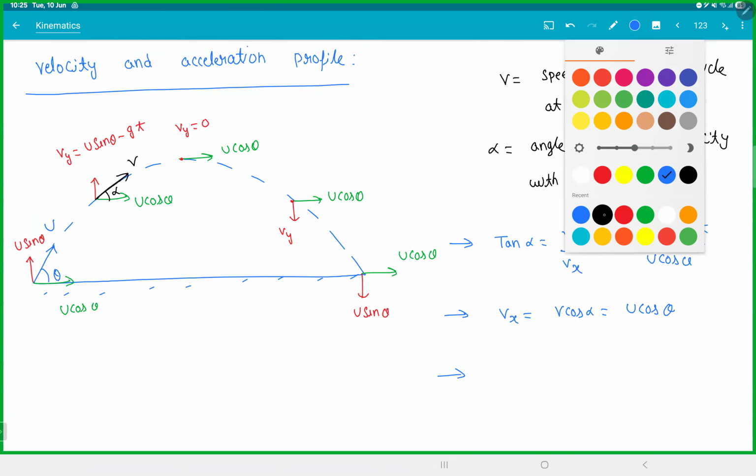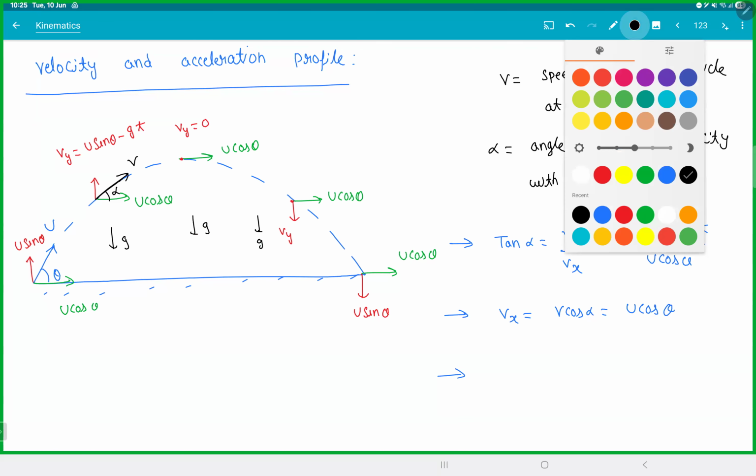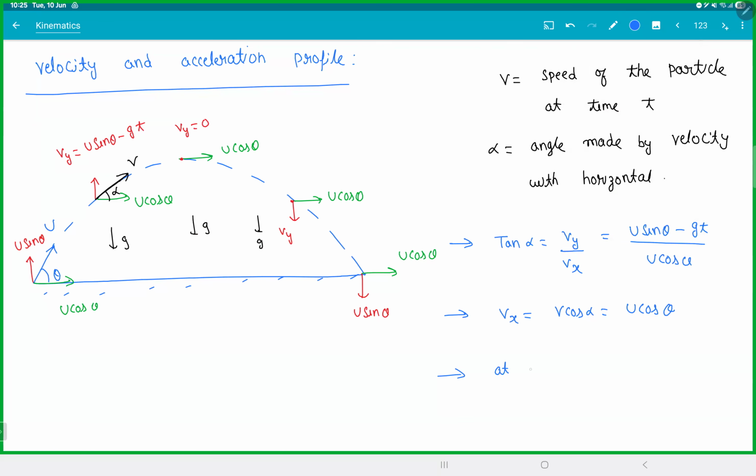During this entire motion, gravity is always down, acceleration never changes. At h max, speed is not zero, speed is u cos theta. Yeah, so these are the few points there.